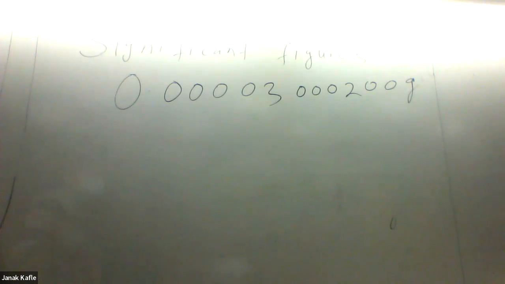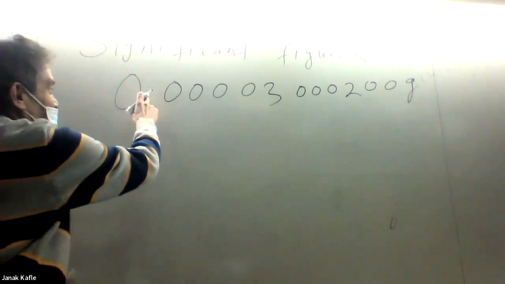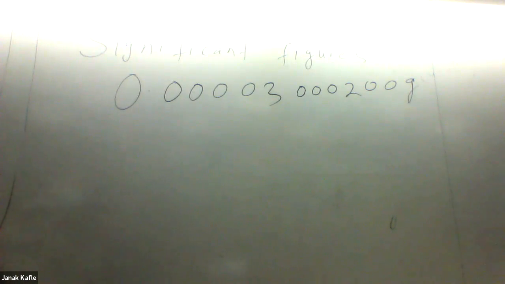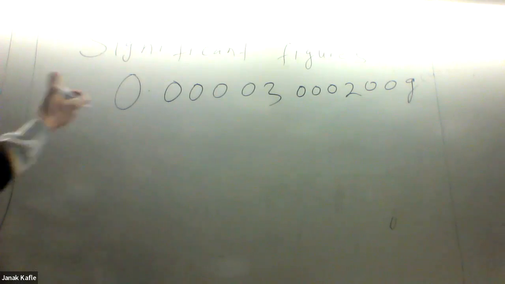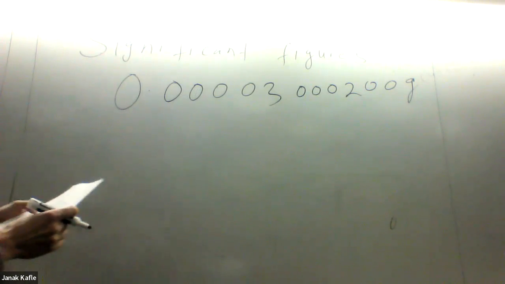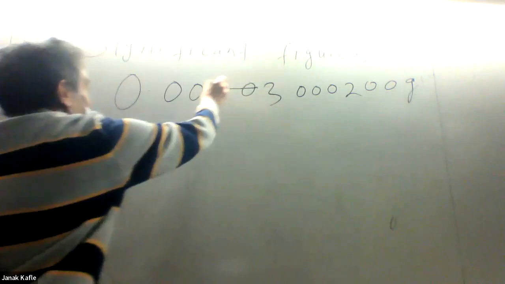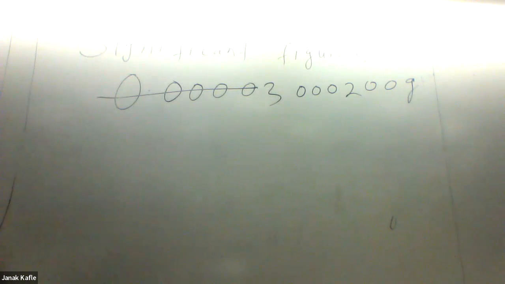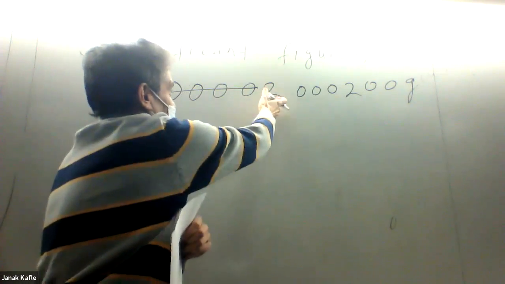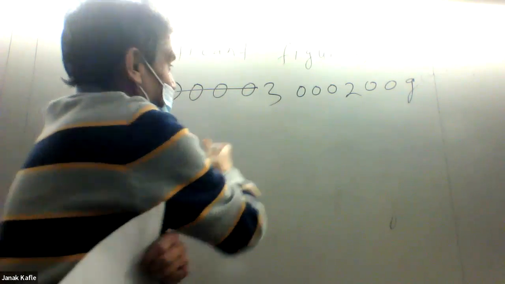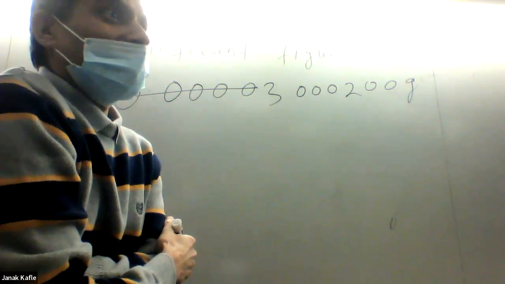And how many significant figures are here? So look here, here is a decimal. If there is a decimal and the number looks like this, all these front zeros are not significant. Make sense? So they define it this way. Now look, the number here is non-zero, and everything else is significant.